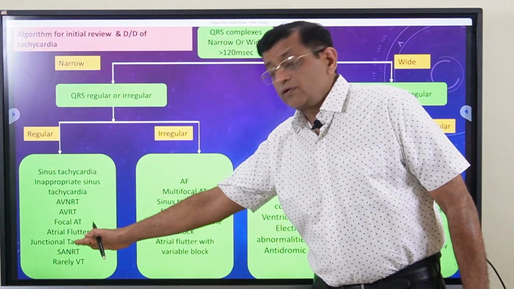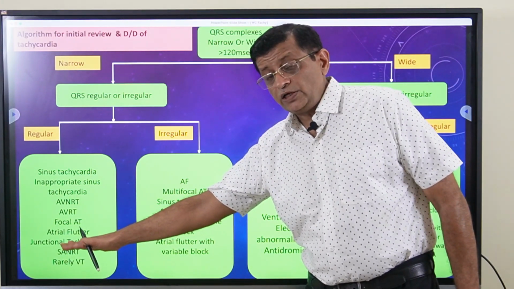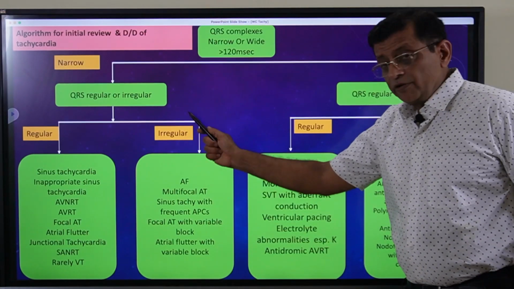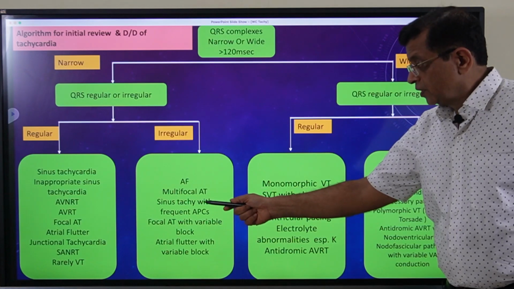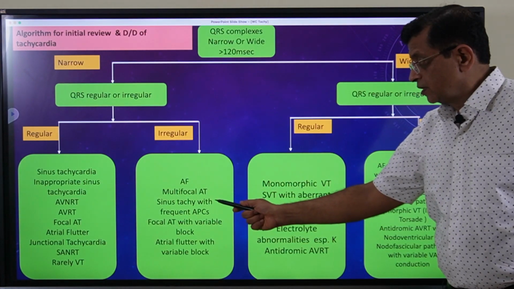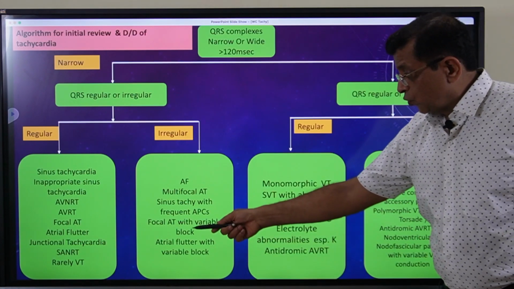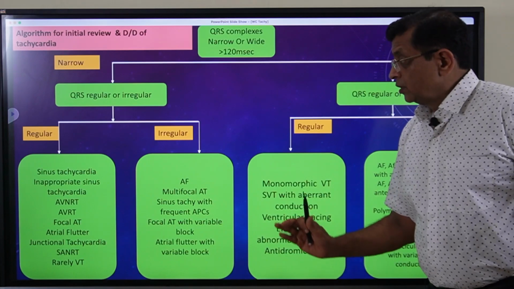So that may mimic a narrow complex tachycardia. Among the irregular narrow complex tachycardias, we have atrial fibrillation, multifocal atrial tachycardia, sinus tachycardia with frequent atrial ectopics, focal atrial tachycardia or atrial flutter with variable block.